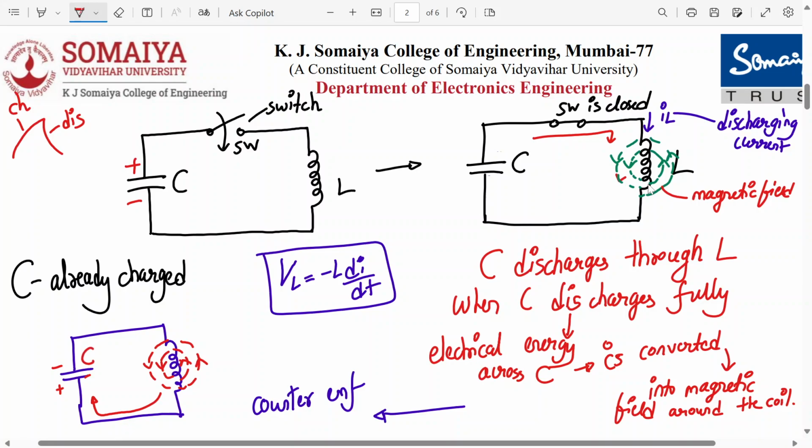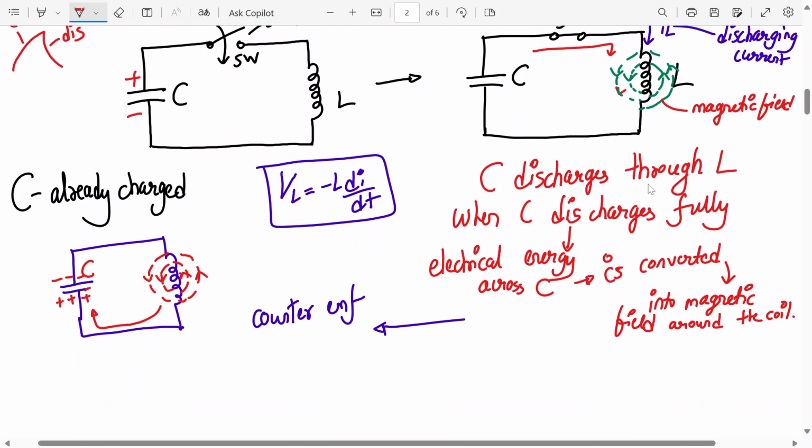According to Lenz's law, the counter EMF will charge the capacitor in the opposite direction. So slowly and steadily the capacitor is getting charged in the opposite direction, and the magnetic field around the inductor is collapsing.